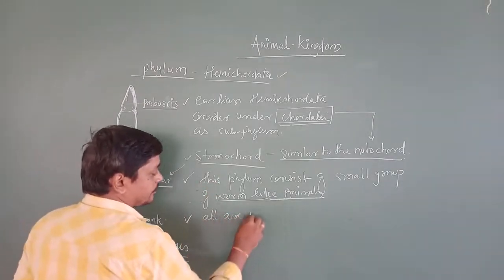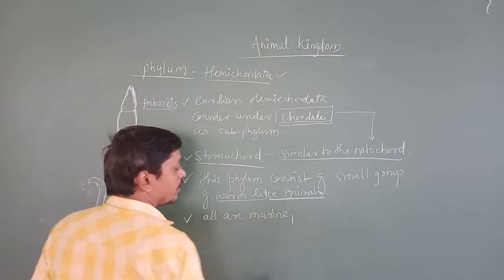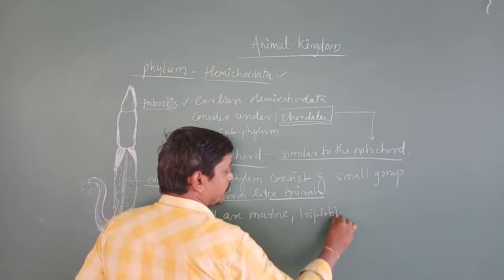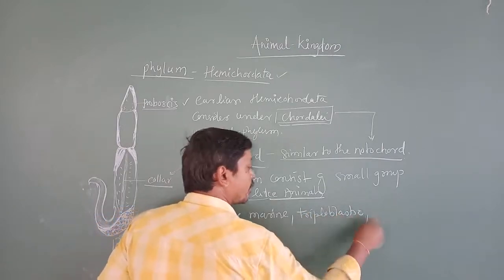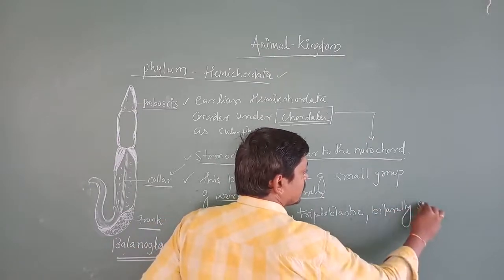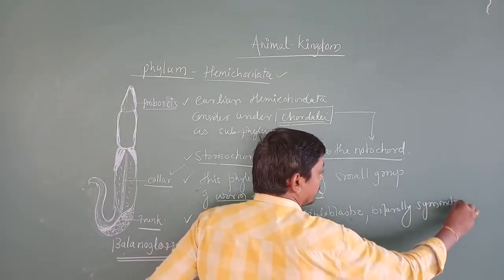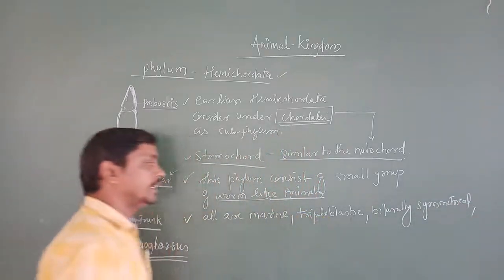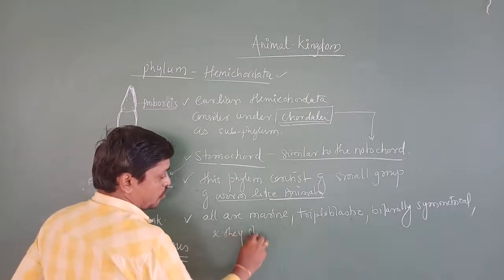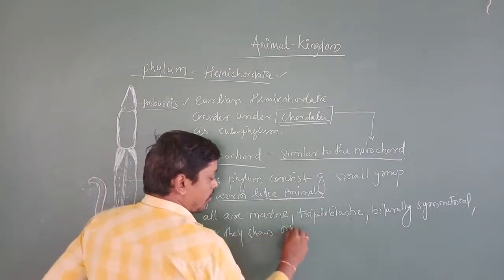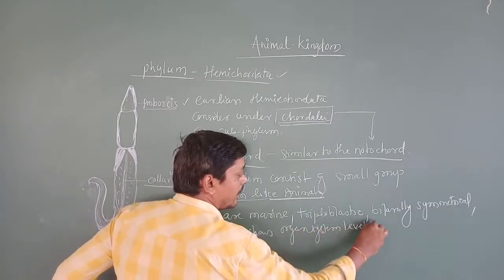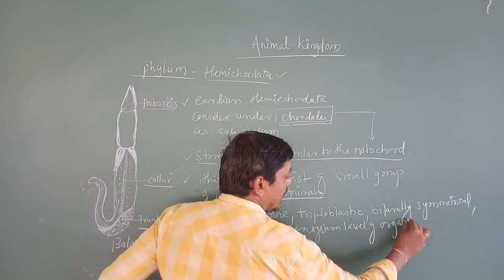Next: all are marine, triploblastic, bilaterally symmetrical, and they show organ system level of organization.